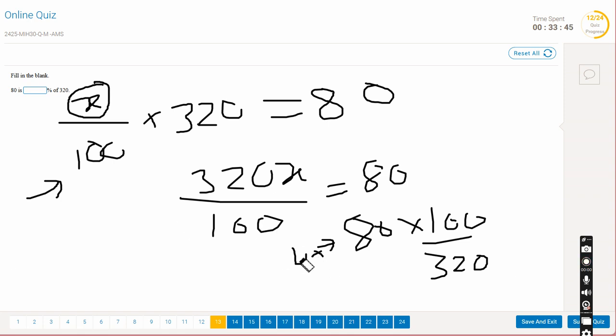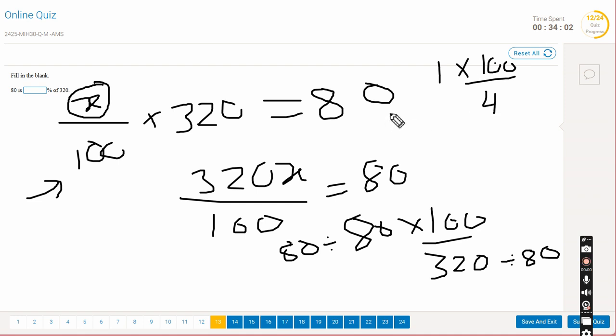So I know that in the multiplication of 80, or 8, if you think of it, is 320, right? So I can divide here by 80, and I can divide here by 80. So here I'll get 1 times 100 over, what are you getting? 4, right?